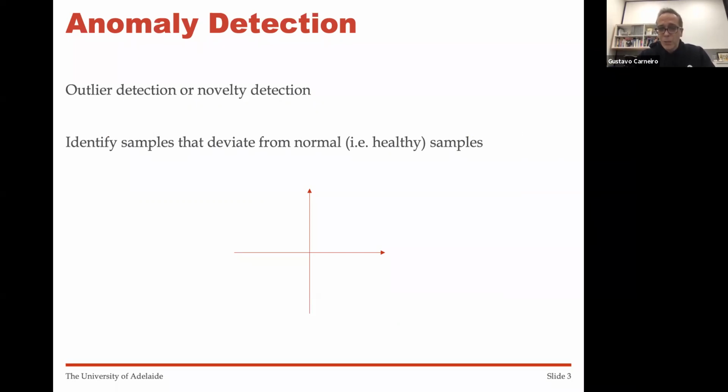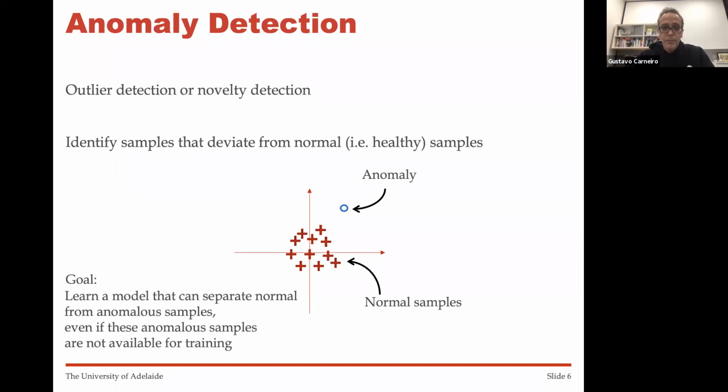For example, if you have this space with 2 dimensions and the normal samples are distributed like this, the goal is to learn something about this distribution, perhaps using only samples from the normal distribution, such that when there's a sample from an anomalous individual, you're able to identify it because it will be sitting in a very different place from where the normal samples are distributed. So the goal is to learn a model that can separate normal from anomalous samples, even if these anomalous samples are not available for training.